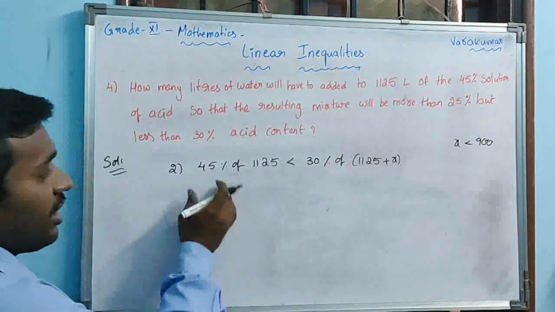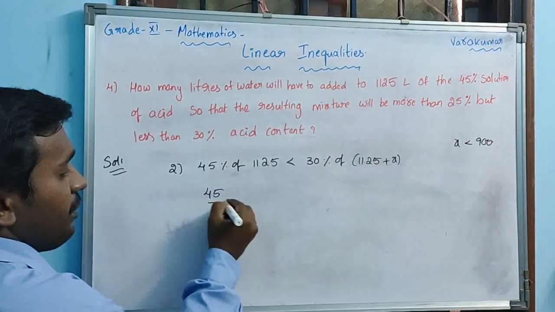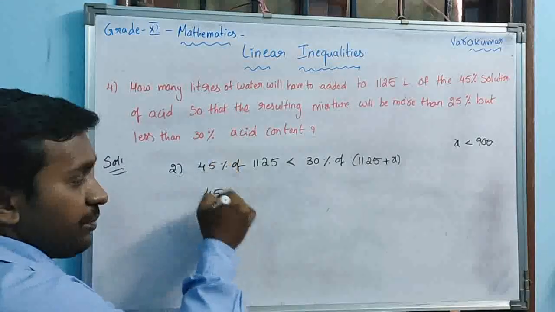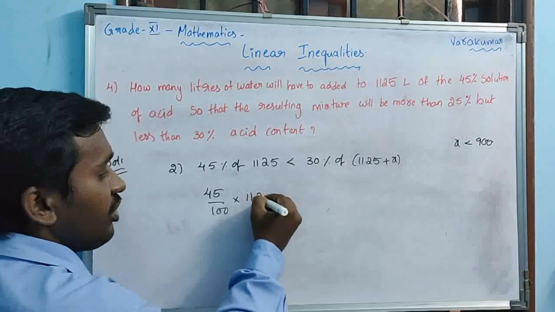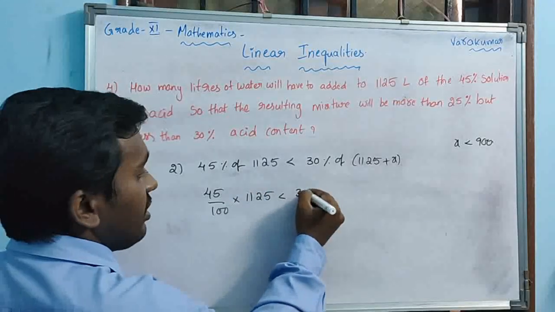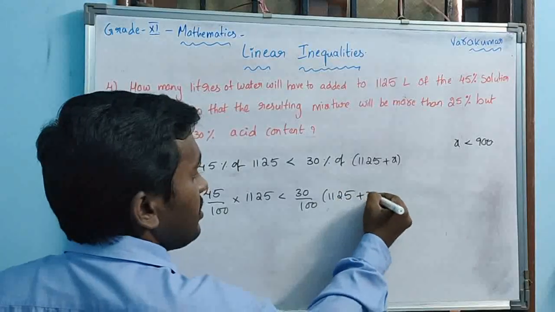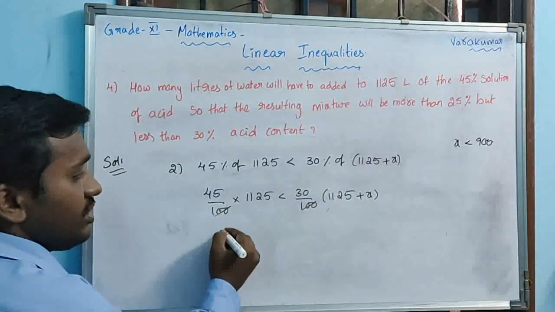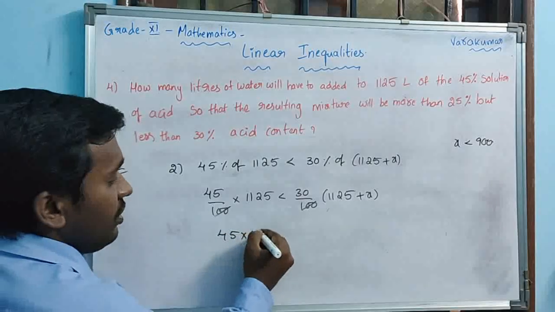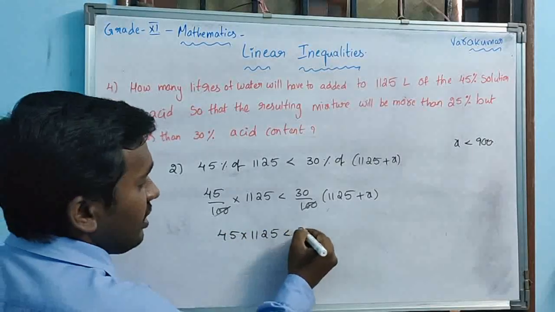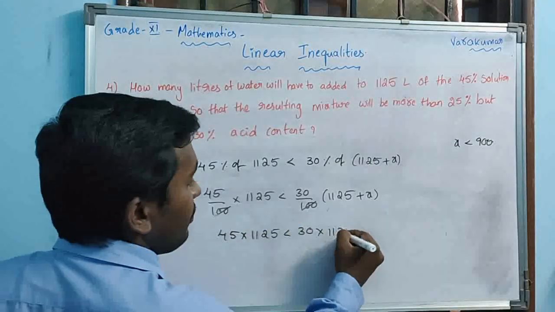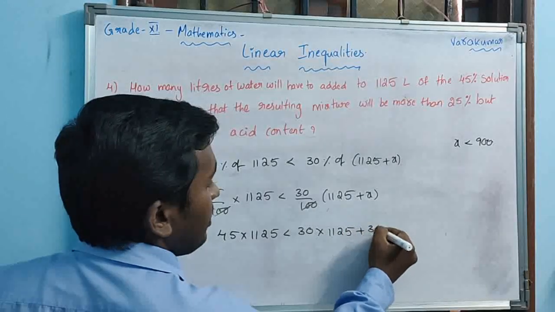Now 45 by 100 into 1125 less than 30 by 100 into (1125 plus x). Both sides 100 cancel. So we get 45 into 1125 less than 30 into 1125 plus 30x.